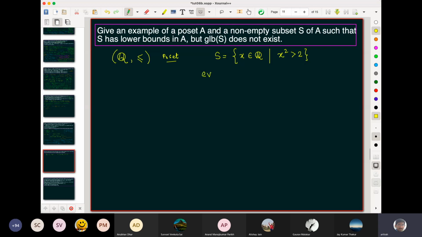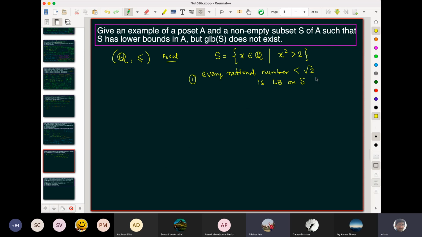I claim that every rational number less than √2 is a lower bound of S.